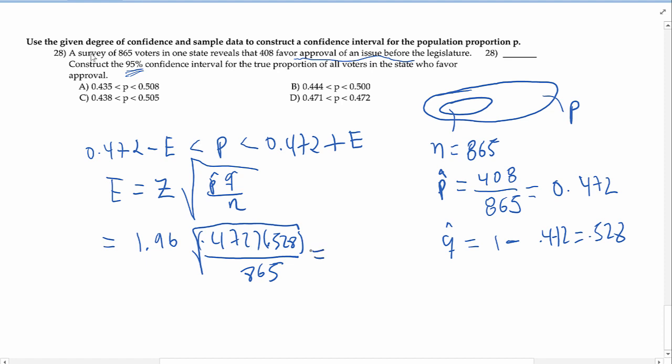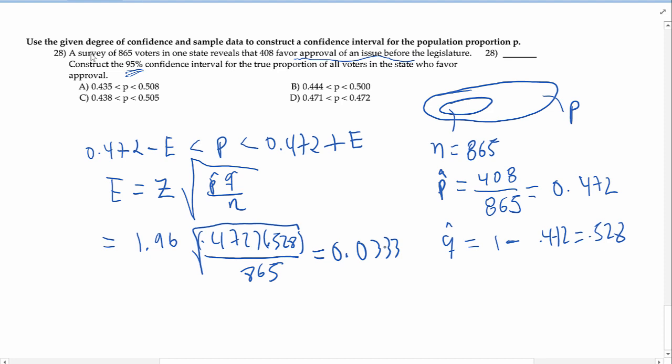We take 0.472 times 0.528, divide this number by 865, and then take the square root, then multiply by 1.96, and we get that the margin of error is 0.0333.